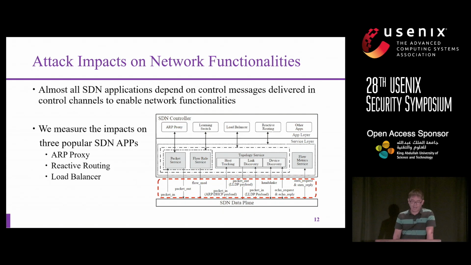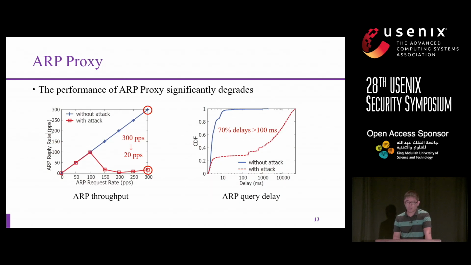Moreover, as almost all SDN applications depend on control messages delivered in control channels to enable network functionalities, the attack can affect a wide range of SDN functionalities. We measure the impacts on 3 popular SDN applications, including ARP Proxy, Reactive Routing, and Load Balancer. Now, we first see how the attack affects ARP Proxy. ARP Proxy is a basic service in SDN.